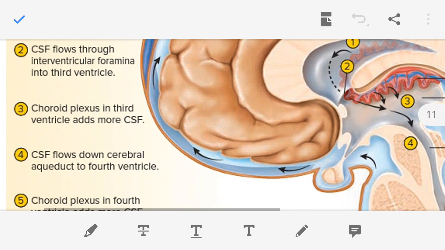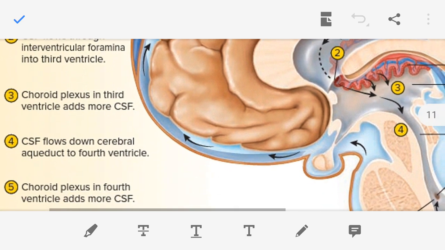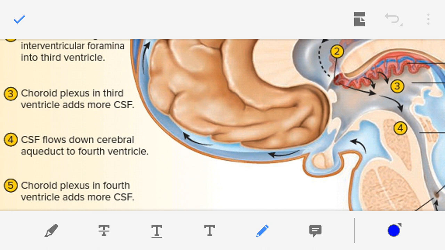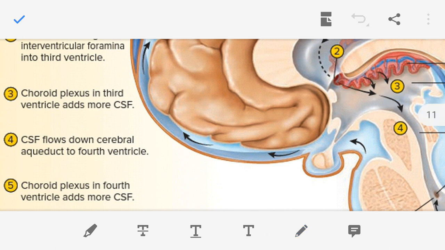Now from the third ventricle, see here, also in the third ventricle choroid plexus is present. So this plexus is also producing CSF. So now in the third ventricle more CSF is produced.